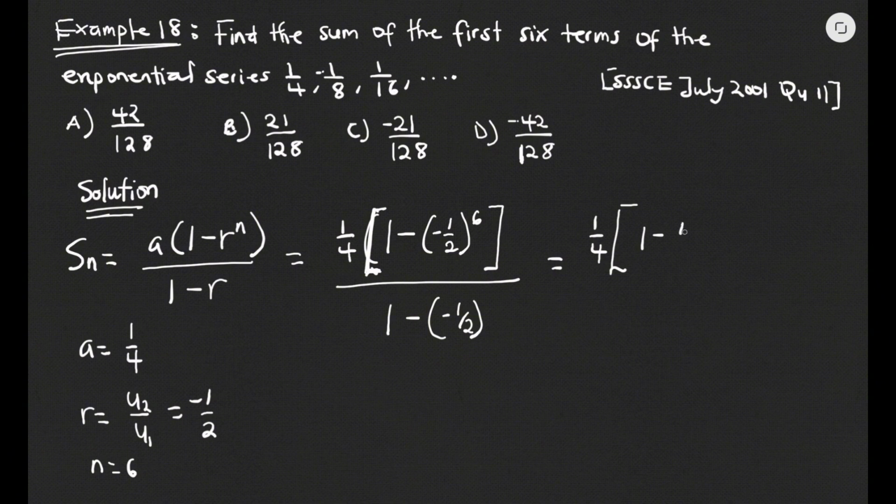So I have 1/64 over there as my answer. And then if I compute 1 minus into bracket -1/2 into the calculator, it's going to give me positive 3/2, and that is what I want.